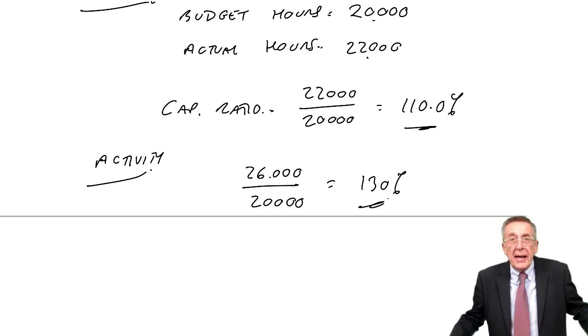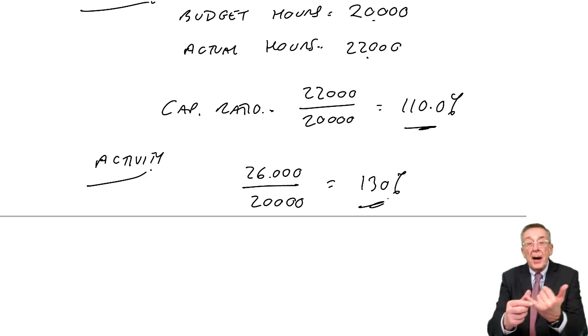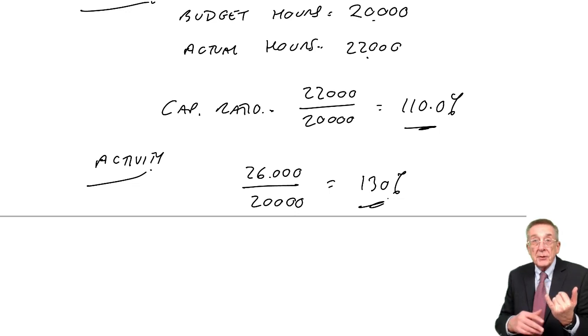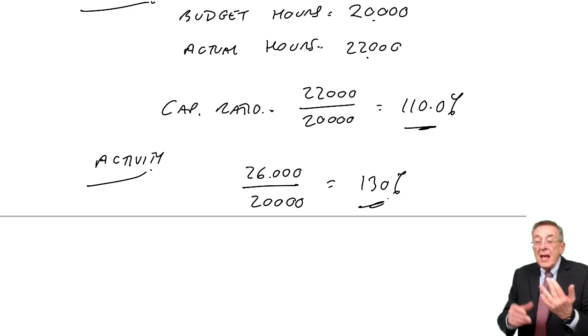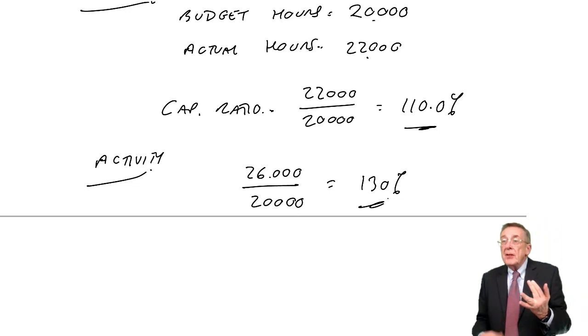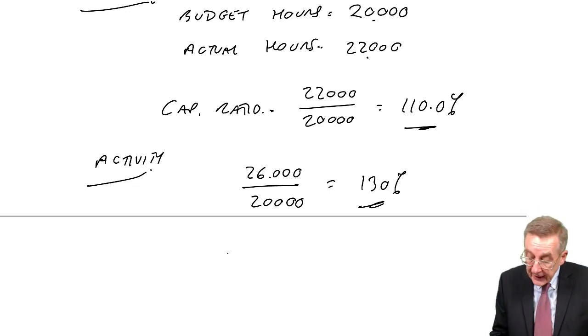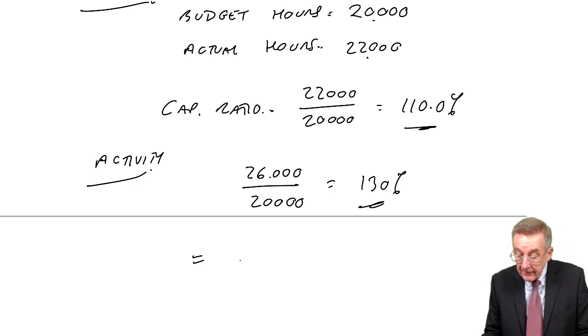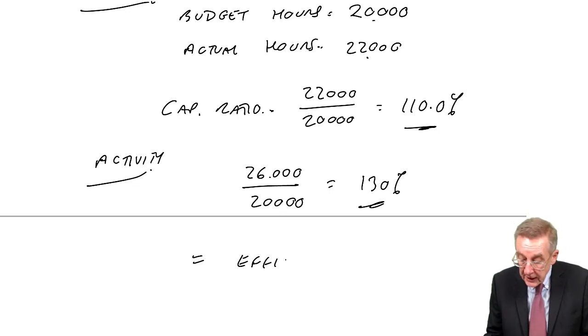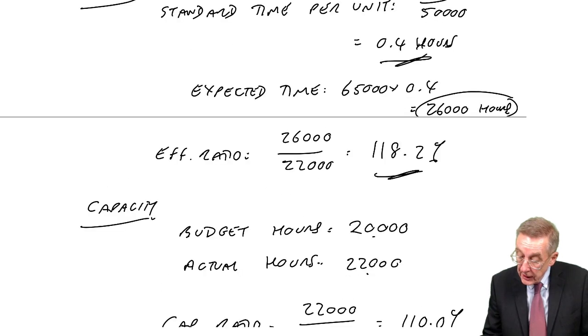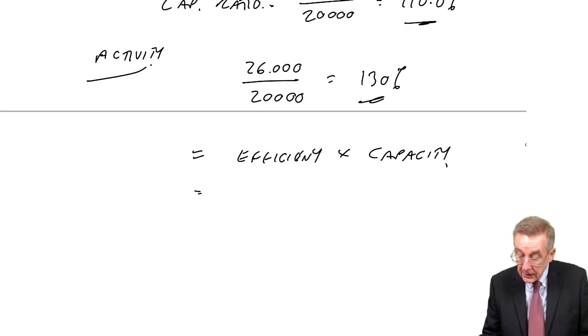And how did we manage to get that many hours of work? Partly because we managed to get more labour than we expected, that was the capacity, and partly because they produced a lot faster, they produced more units than we'd expect. And in fact, that is equal to the efficiency ratio times the capacity ratio. The efficiency ratio was 118.2%.